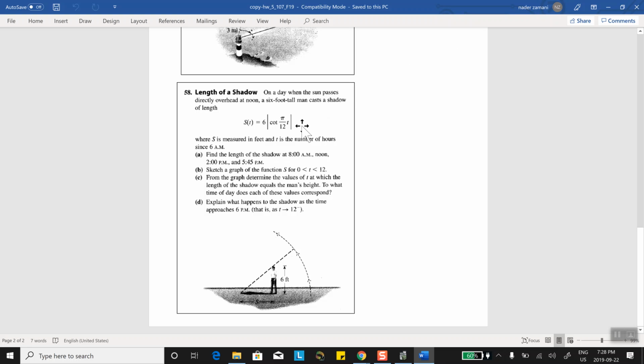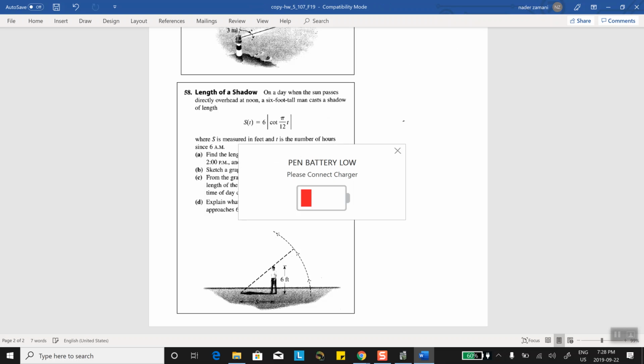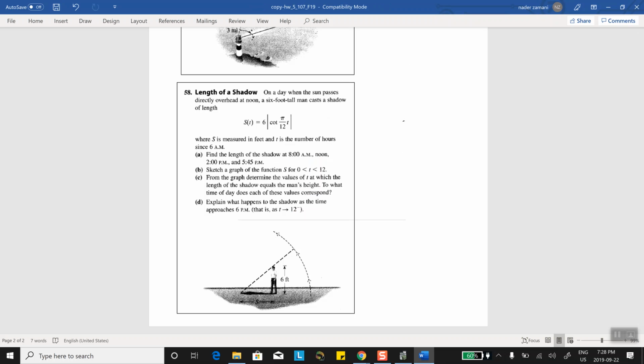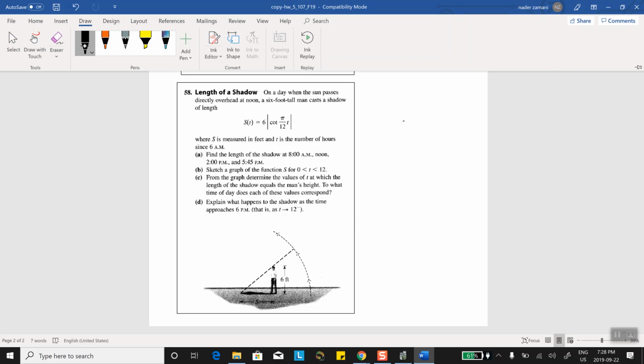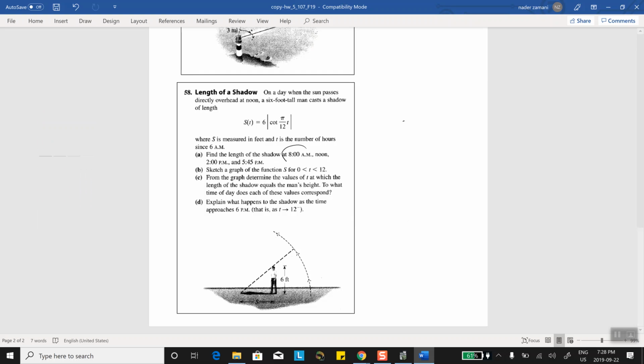So the answer to the 8 a.m. shadow is going to be 6 absolute value cotangent of pi over 12 times 2, because 8 a.m. is from 6 a.m.